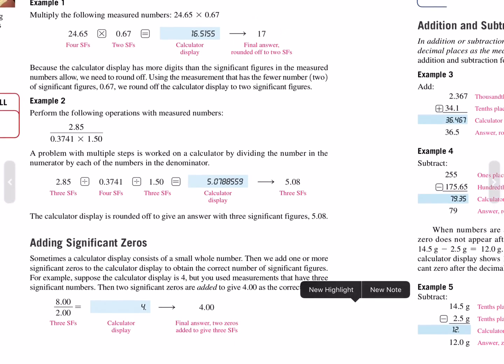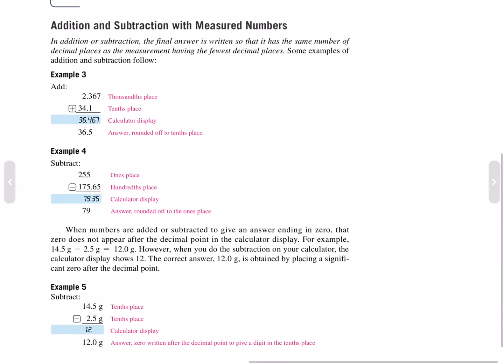Adding significant zeros. Sometimes a calculator display contains a small whole number. Then we add one or more significant zeros to the calculator display to give the answer the correct number of significant figures. For example, suppose the calculator displays 4, but you used measurements that have 3 significant digits. Then 2 significant zeros are added to give 4.00 as the correct answer.